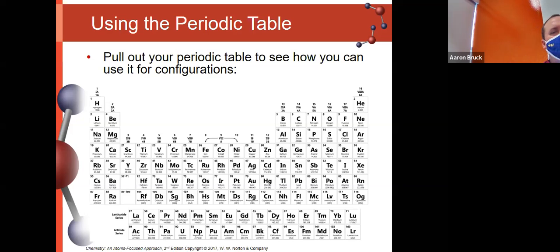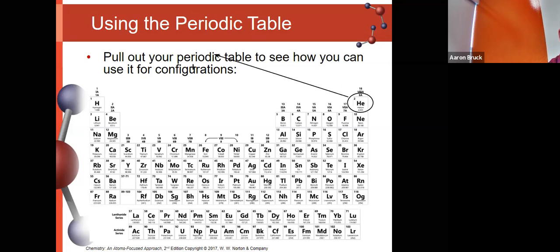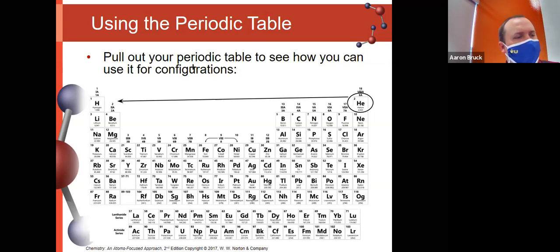So one thing that you need to remember for configurations, first and foremost, is that helium is going to be over here for our purposes of electron configurations, because this whole block, starting from hydrogen and covering both the alkali metals and the alkaline earth metals, is our s block.